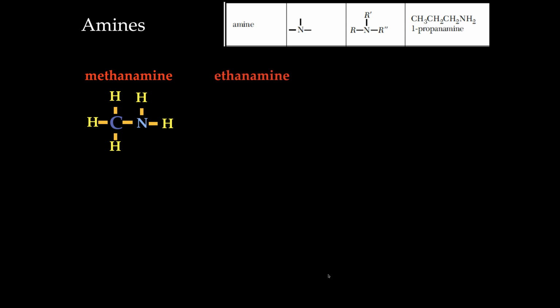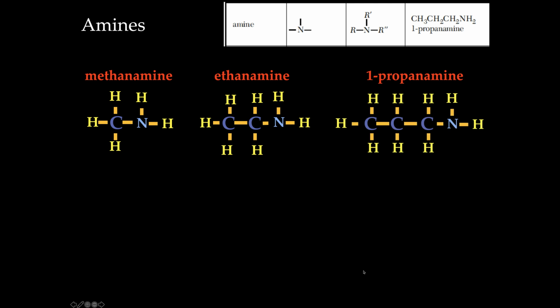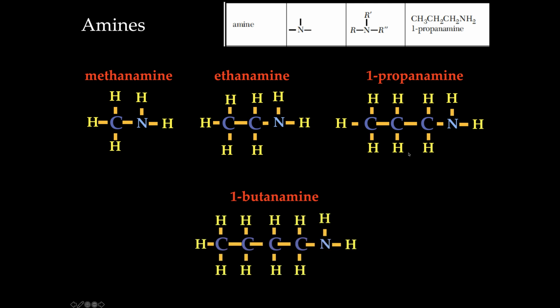We have ethanamine, which is 2 carbons with the amine group bonded to it. Propanamine. Now, we call this 1 propanamine because we could also bond this NH2 to this carbon here, in which case it would be called 2 propanamine. 1 butanamine would have the amine group at the end of the molecule. You could also bond the amine group to one of these carbons, in which case it would be called 2 butanamine.